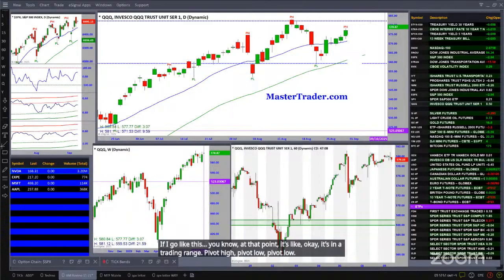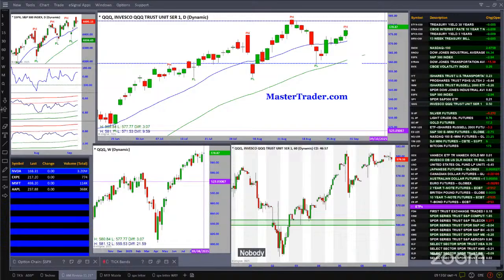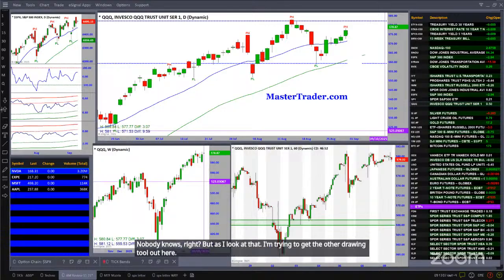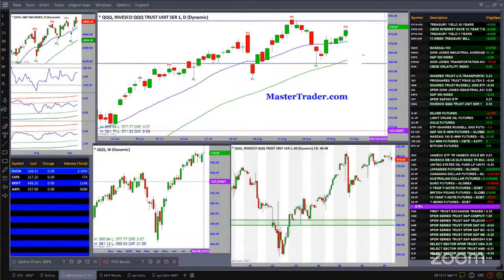And so what is it going to do? Is it going to be a right shoulder and roll back over? Is it going to make new all-time highs? Nobody knows, right? But as I look at that, I'm trying to get the other drawing tool out here. Where is this thing?